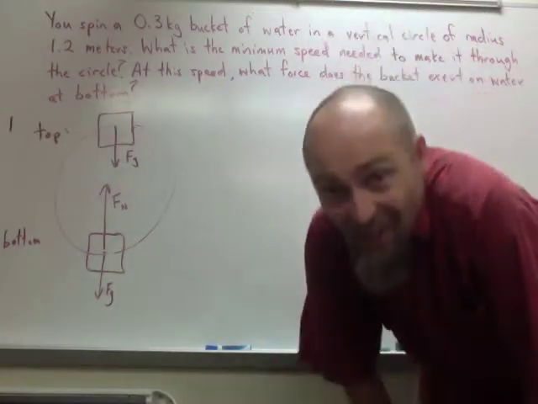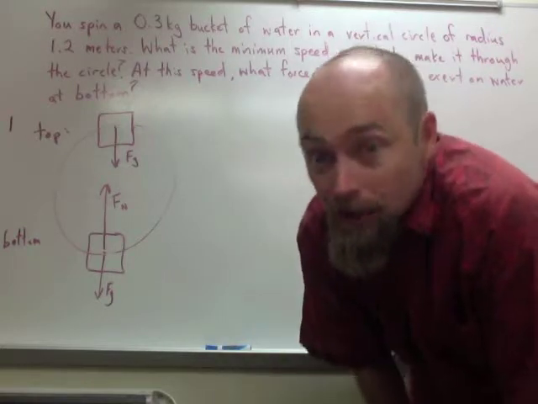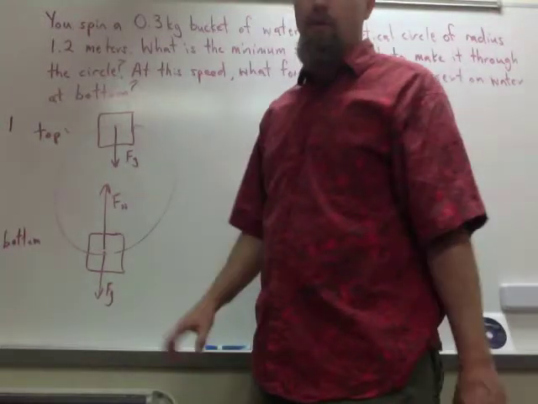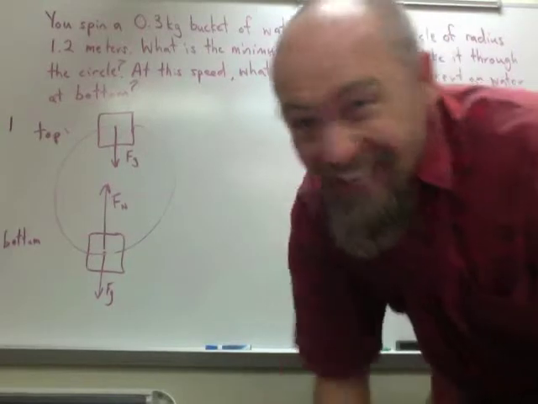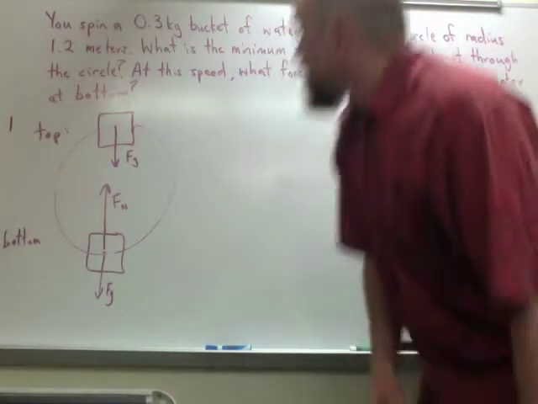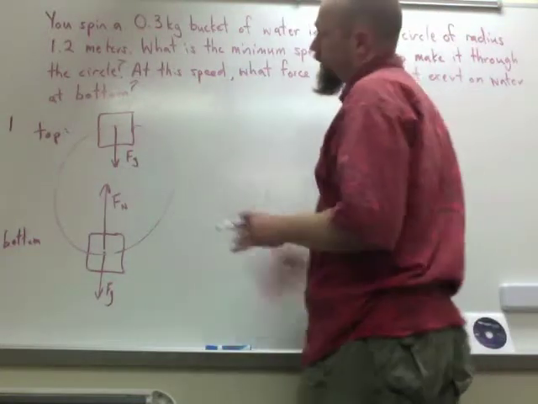If it's moving in a circle, that means it has to be accelerating towards the center, hence centripetal. Centripetal acceleration means toward the center. So if it is accelerating towards the center, my Fn has to be bigger than Fg. If it wasn't, then it would snap at the bottom of the circle. And yeah, bad news, but that is what's going on.